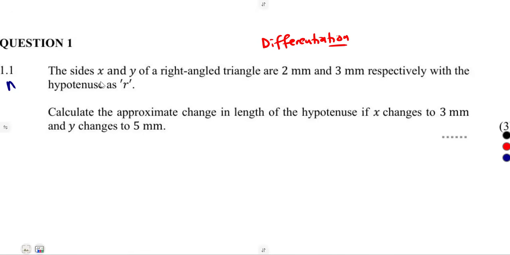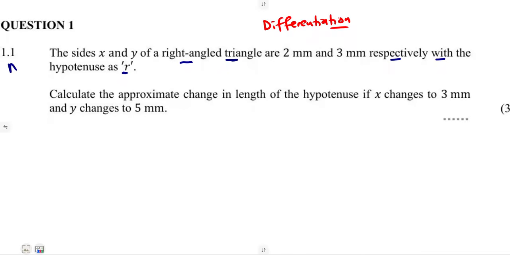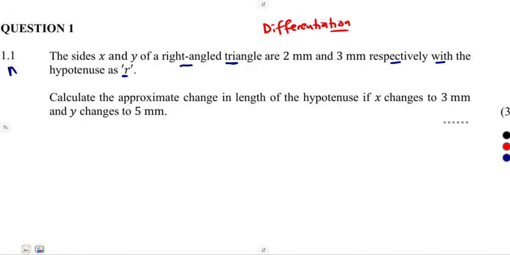The sides x and y of a right-angled triangle are given as 2 millimeters and 3 millimeters respectively, with the hypotenuse as r.